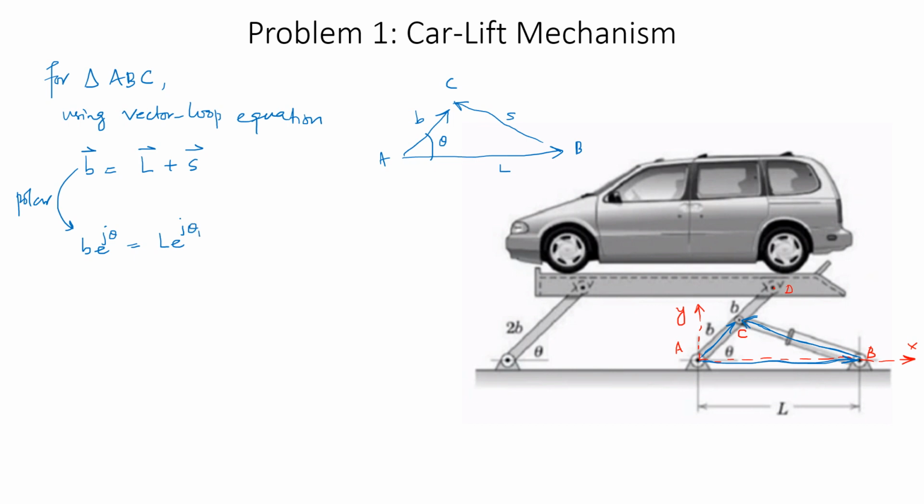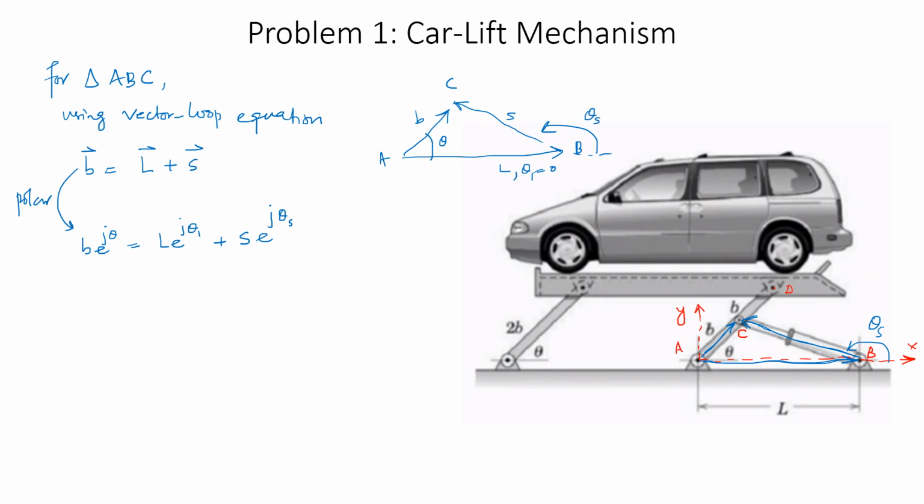So I'm going to write down over here the corresponding theta 1 is equal to 0 for length L. And then you have to add this with S e raised to power j theta corresponding to S, and that is going to look something like this. This is going to be theta S, or on the mechanism as well I can identify theta S over here. So this is going to be S e raised to power j theta S.